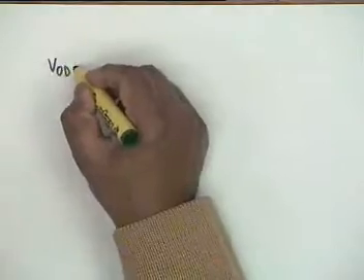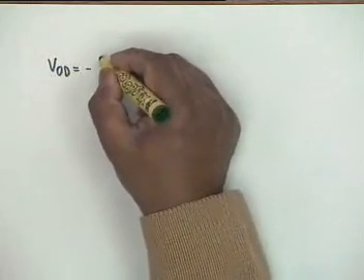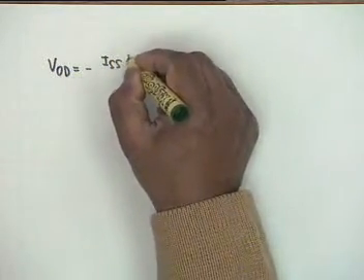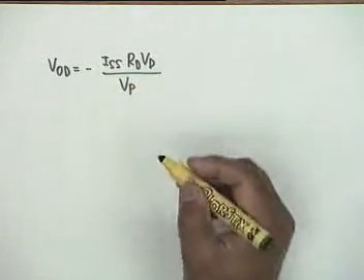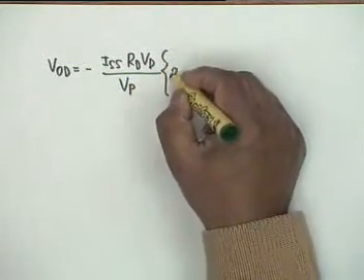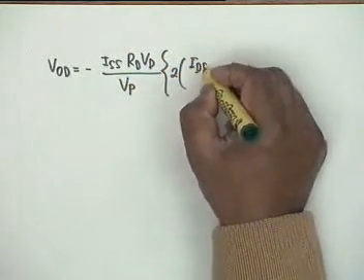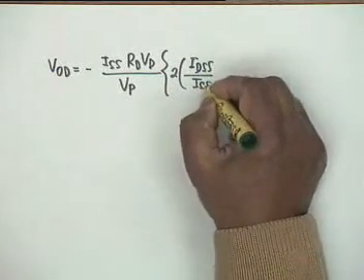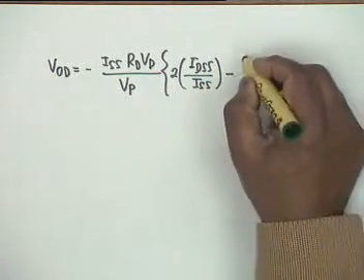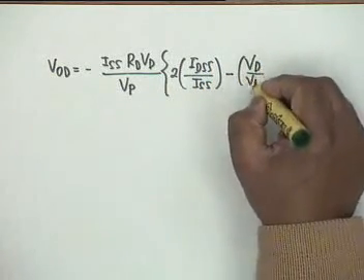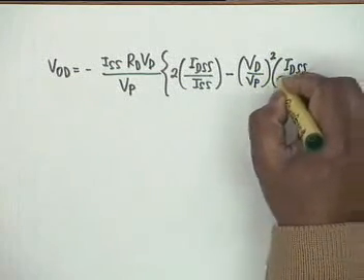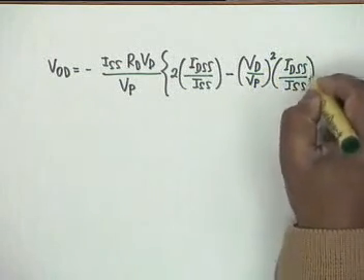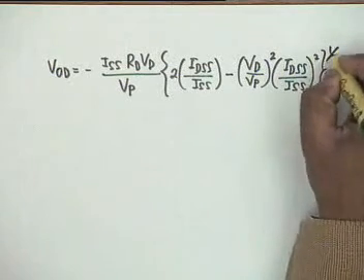Let's take the expression. Our expression is a formidable looking expression: VOD equals minus ISS RD VD divided by VP, then twice IDSS divided by ISS minus VD by VP whole squared, times IDSS divided by ISS whole squared.